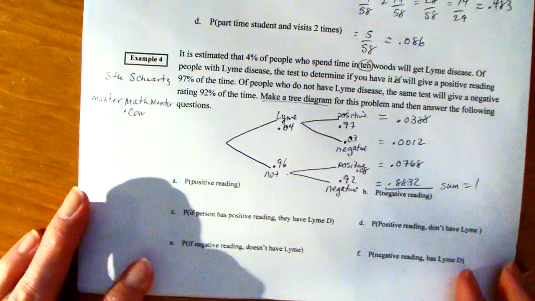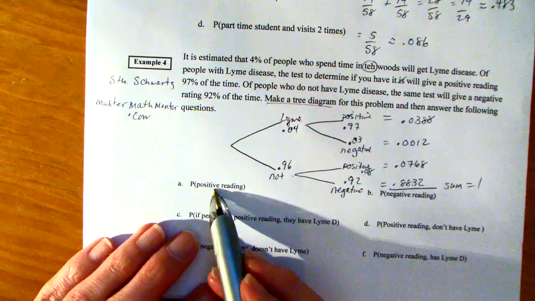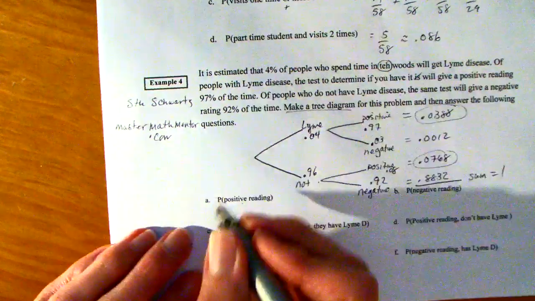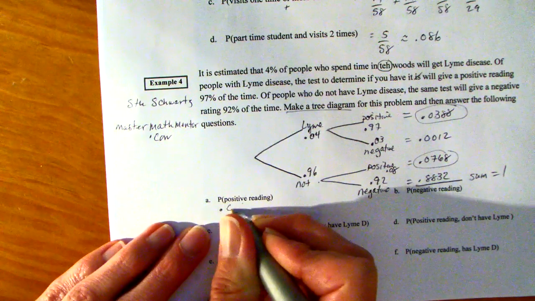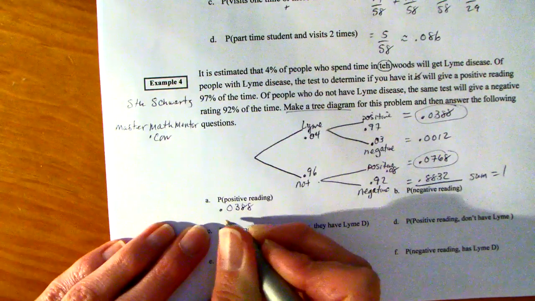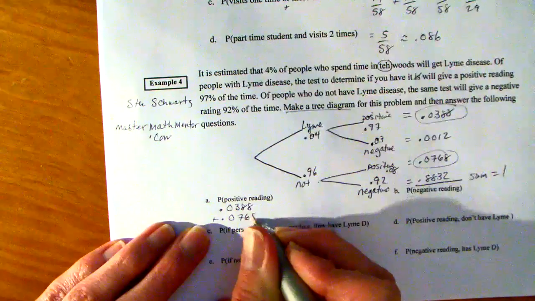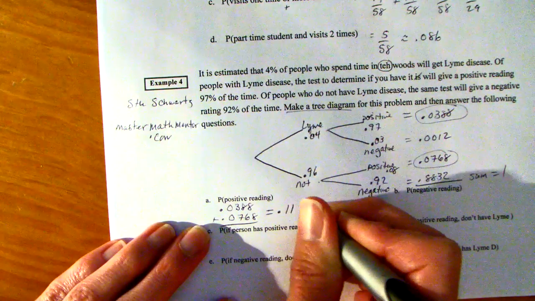Okay. Now, what's the probability that you get a positive reading? Well, there's 2 ways to get a positive reading. Right here and right here. So you have 0.0388 plus 0.0768. That's going to equal 0.1156.